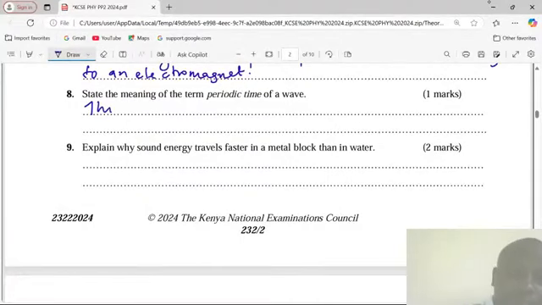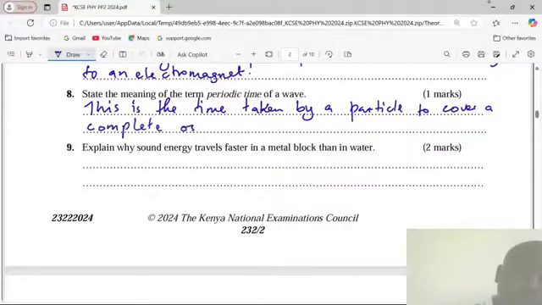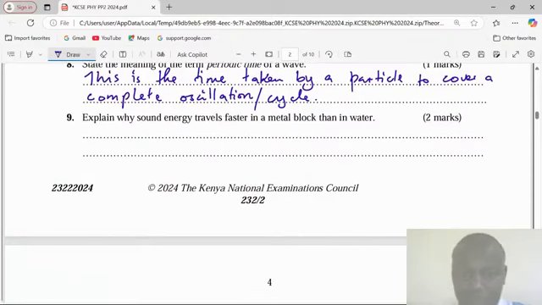This is the time taken by a particle to cover a complete oscillation, to cover a complete cycle, a complete wavelength. Yeah, such a thing.